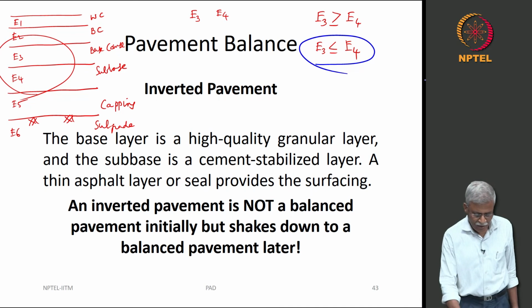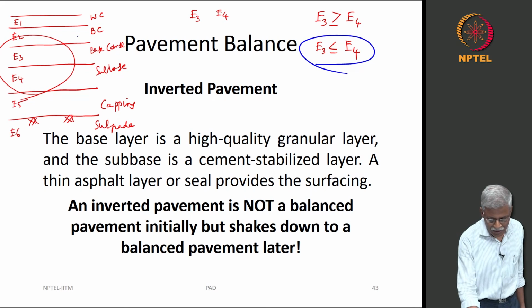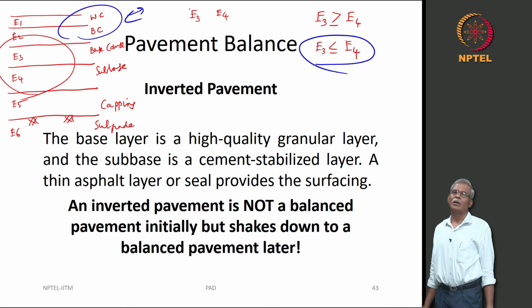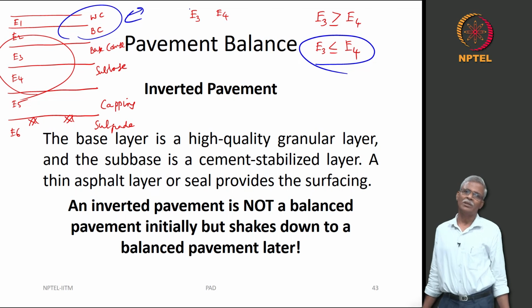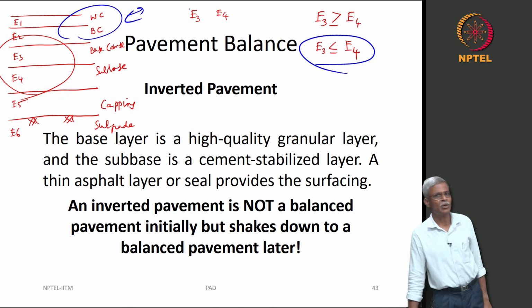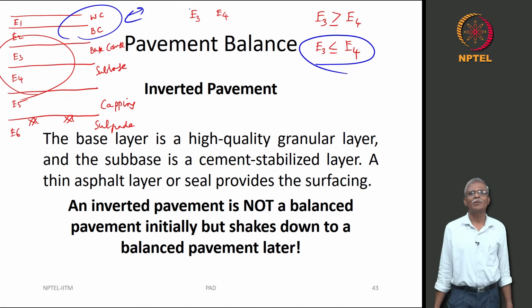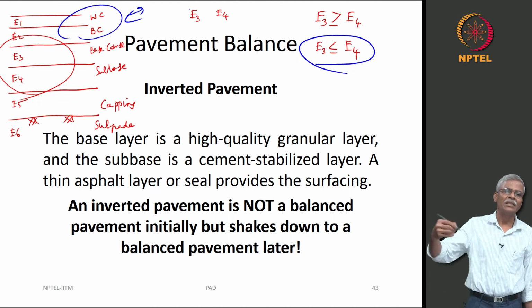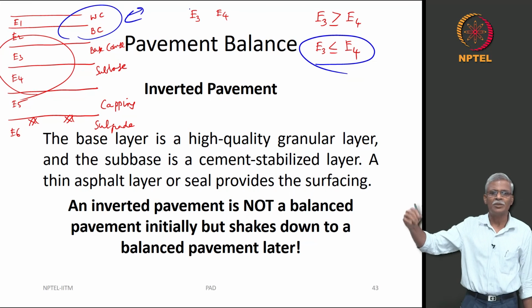You can, in fact, even remove all these things and provide one thin asphalt layer. But what can really happen is an inverted pavement is not really a balanced pavement initially, but it can shake down and become a balanced pavement later.